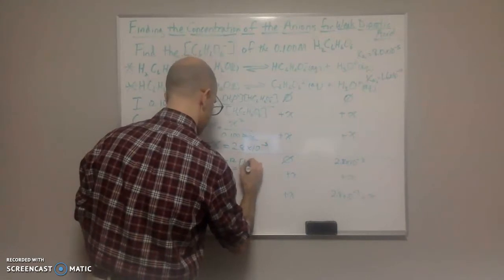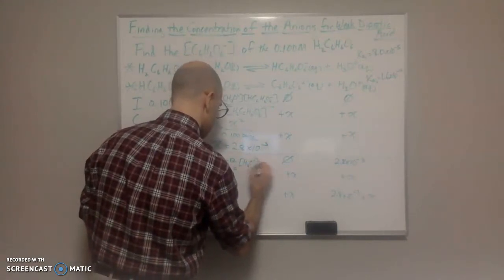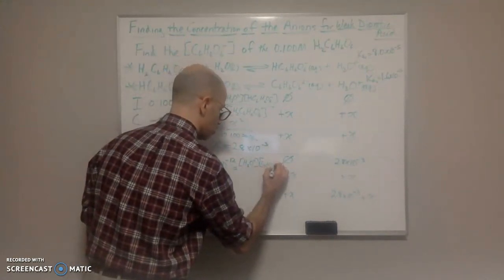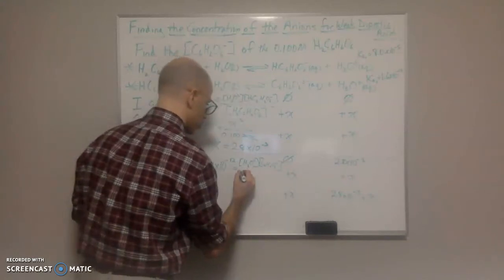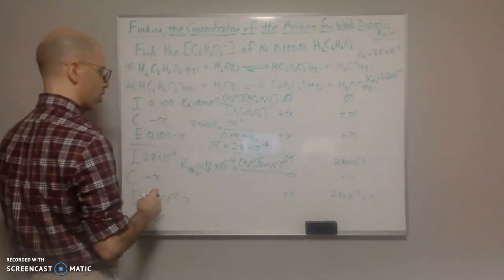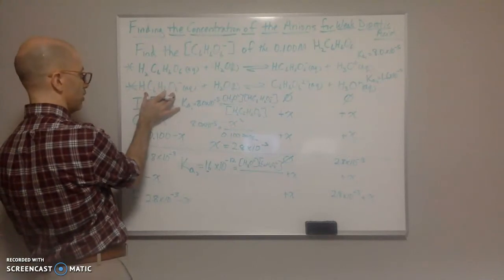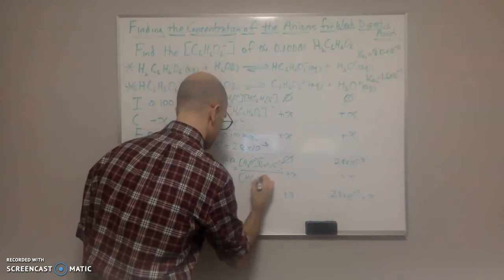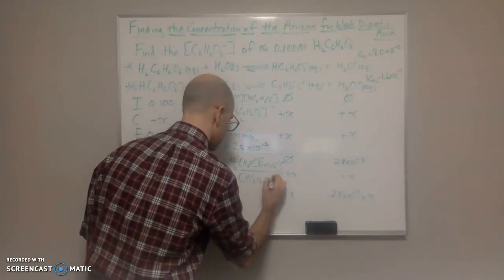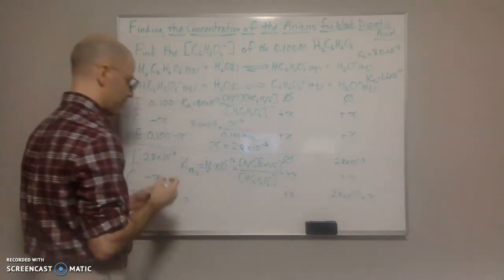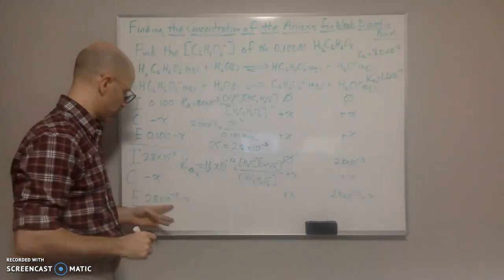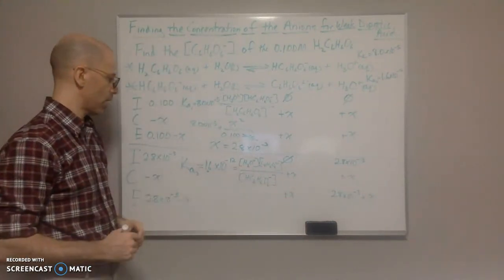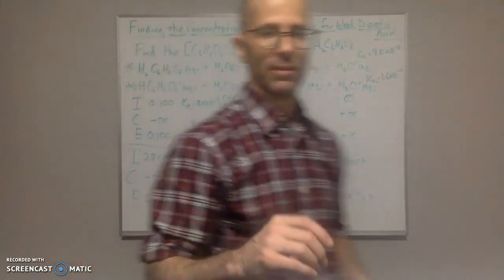So we have H3O plus concentration times the C6H6O6 minus concentration all over the concentration of this species here. So that's going to be HC6H6O6 minus concentration. And so now all we need to do is plug these equilibrium expressions into our Ka2 expression.